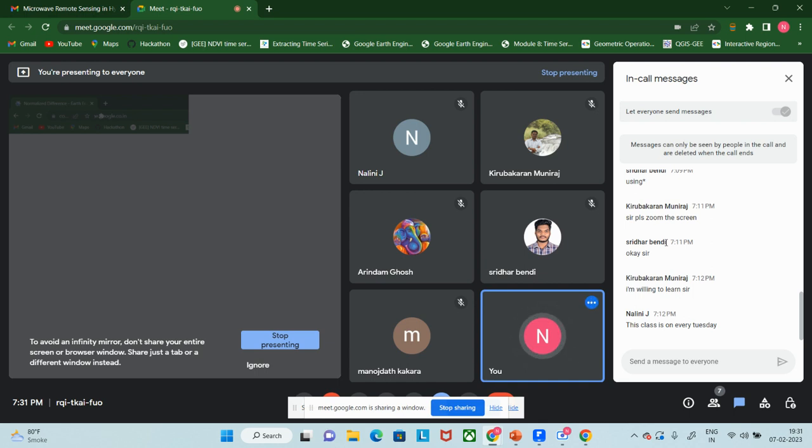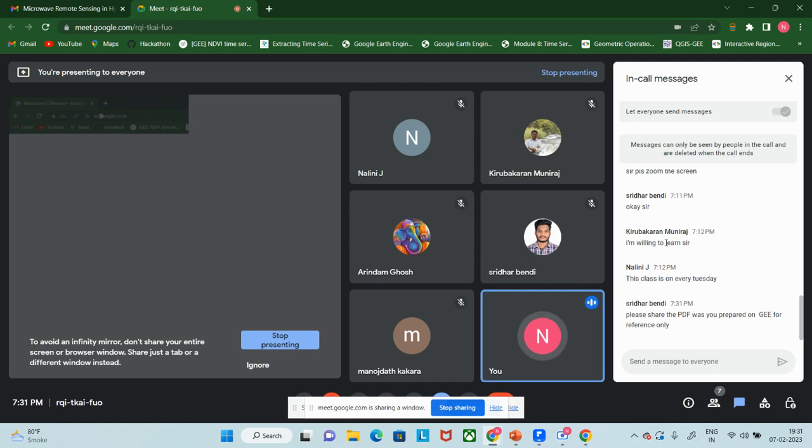Or any doubt in Python you can tell me, so I can solve those for you. Or you can ask before in the portal, so that whenever I get time, I will keep it solved for you. Otherwise, if you ask, numericals are okay, I will solve them right there.